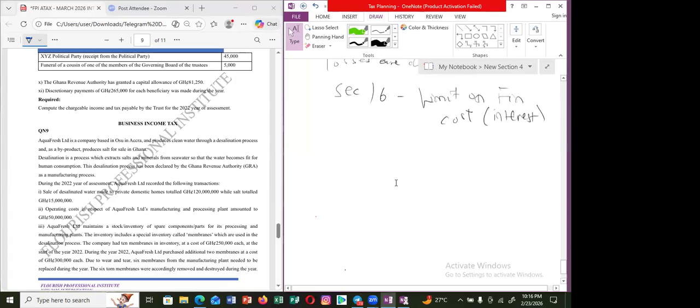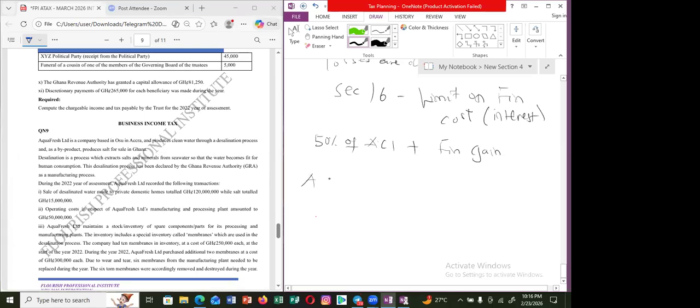So the amount of financial costs that can be deducted shall not exceed the sum of 50% of adjusted chargeable income plus the financial gain.